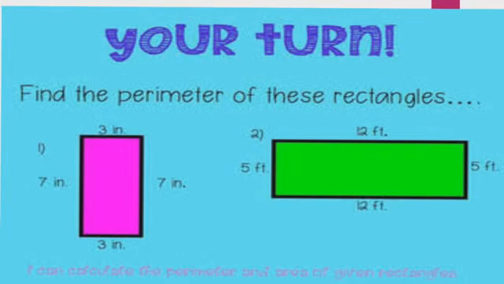We have 3 plus 7, which will give us 10, plus another 3, 13, plus another 7, 20. So the perimeter for this shape is 20 inches.